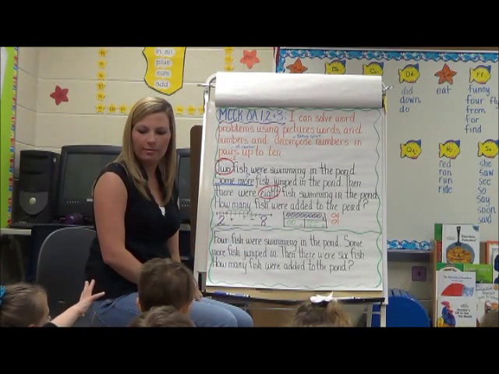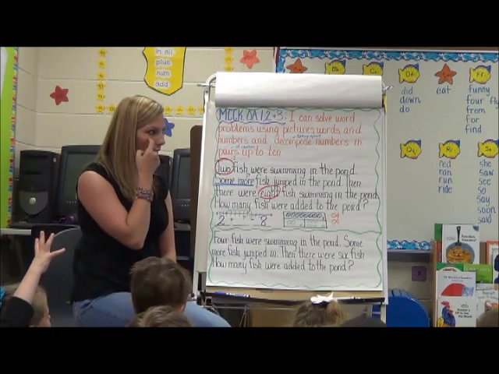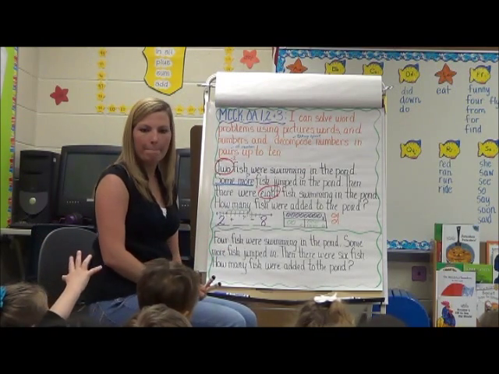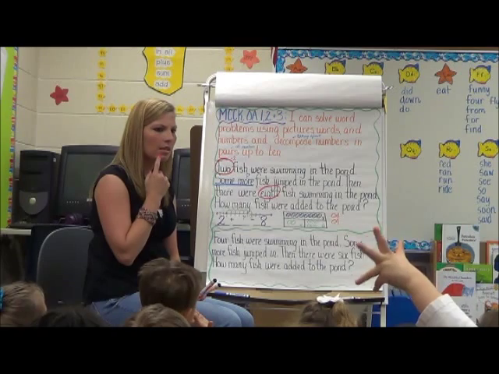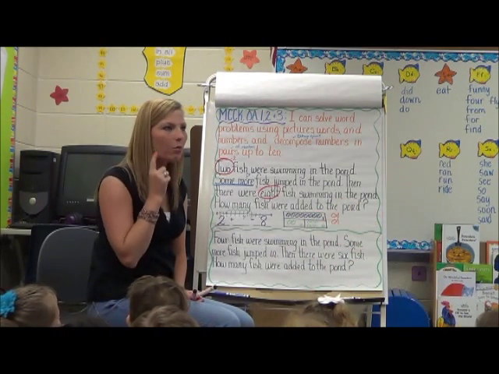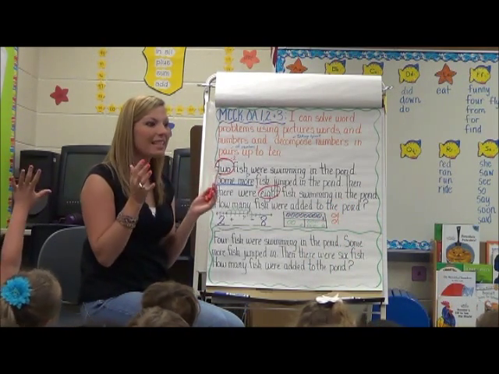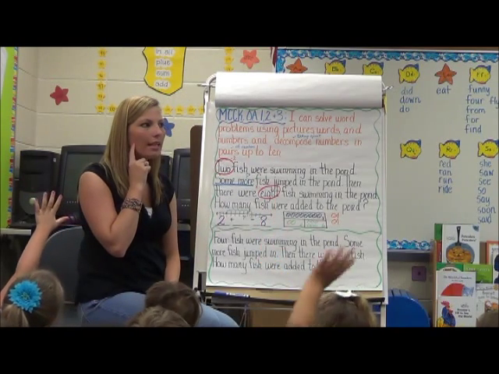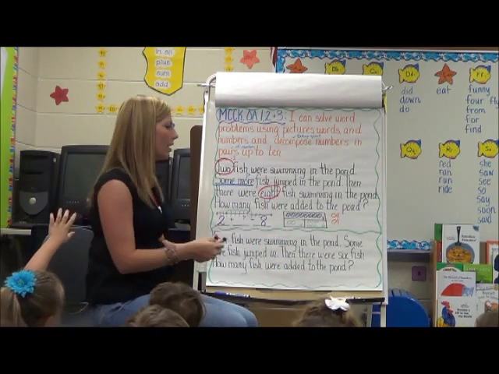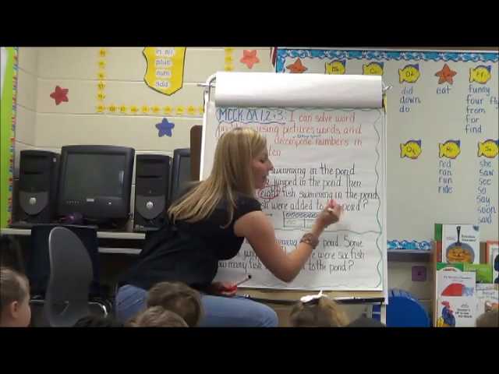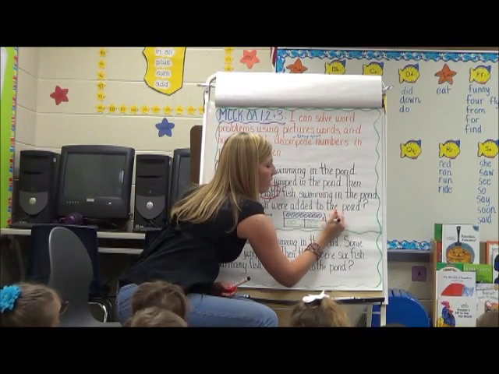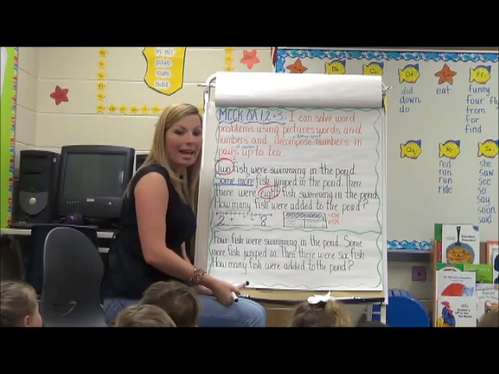Look at my fish. Now, how many more fish do I need? 8. Do I need 8? How many, Braden? 6. And what's that word that I'm doing? I've got to get to 8. Not labeling. I need to add on. Okay, so someone said we had to label, so I have 1 fish, 2 fish. Now I need to add on.